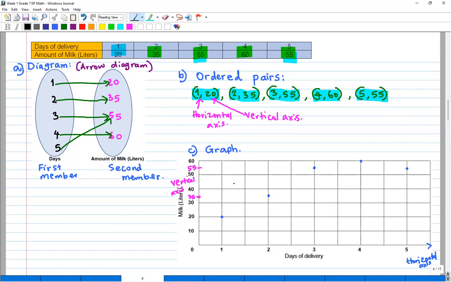Remember, this is 1, 20. This point is 2, 35. This point is 3, 55. This point is 4, 60. This one is 5, 55. Okay, so let's join the points.